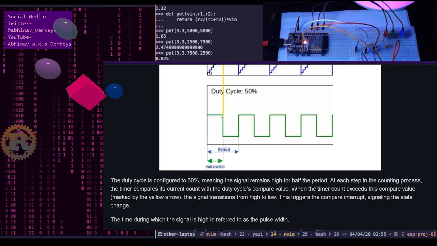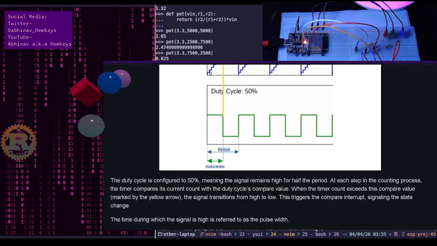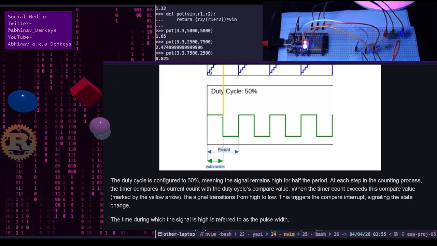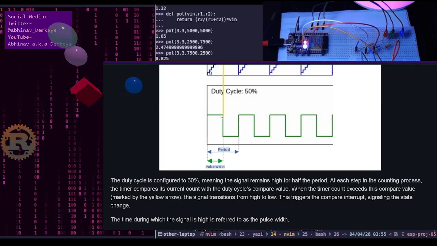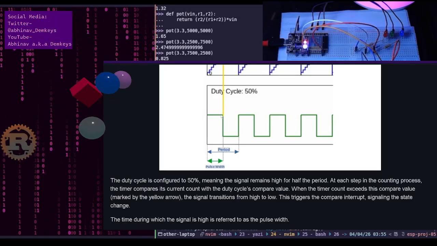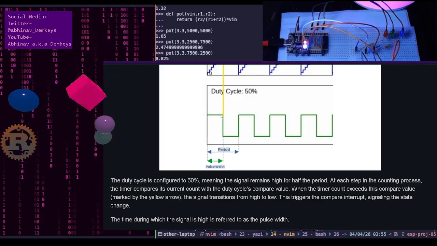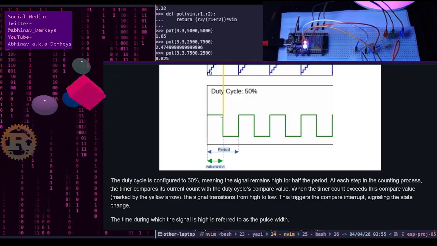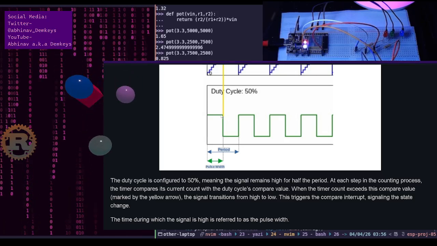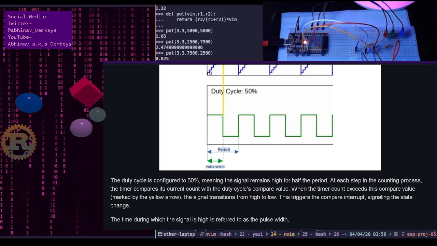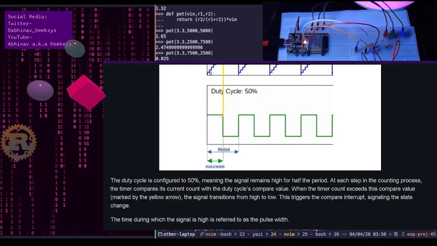At each step in the counting process, the timer compares its current count with the duty cycle's compare value. So the duty cycle's compare value is 50%.